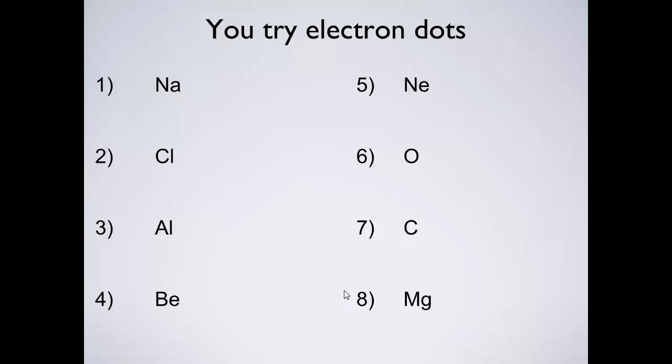All right. Go ahead, grab your periodic table, and let's just quickly do these electron dot diagrams. It probably takes longer to find the element than it does to actually make the diagram.